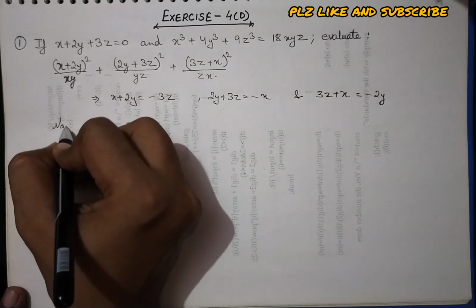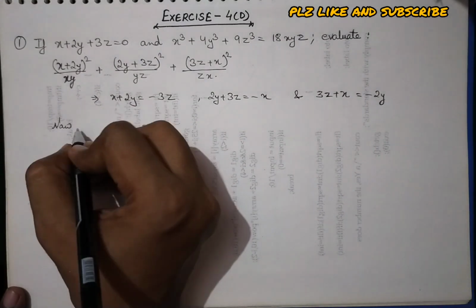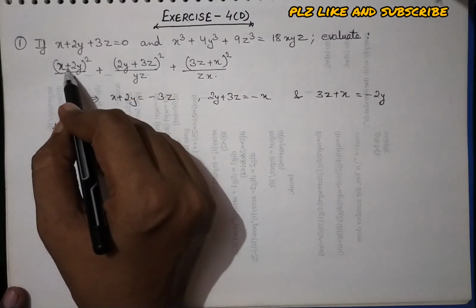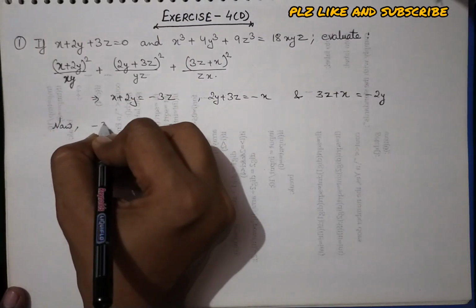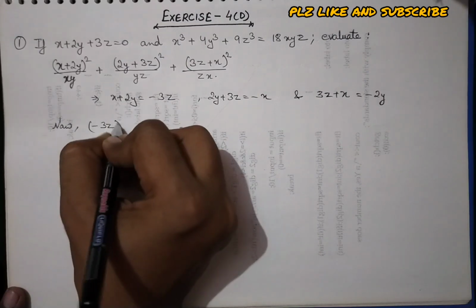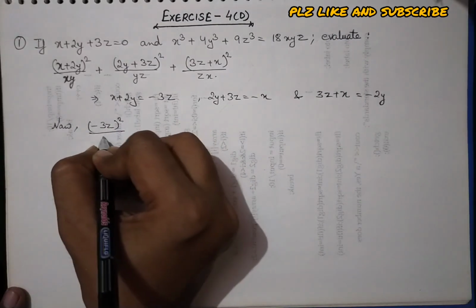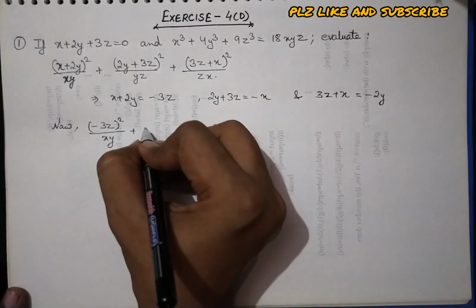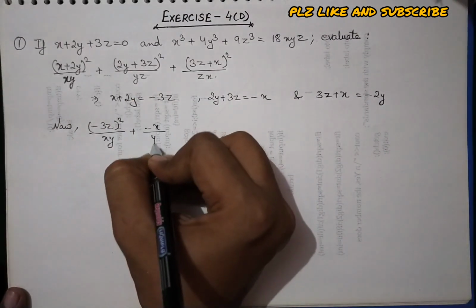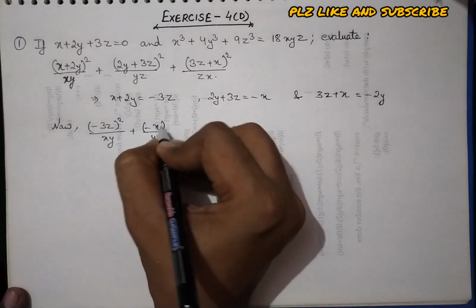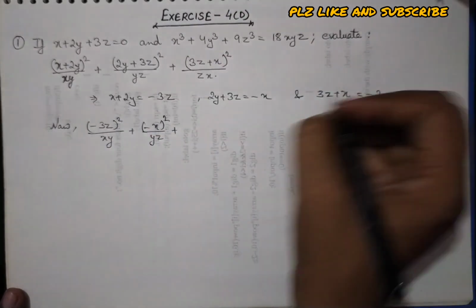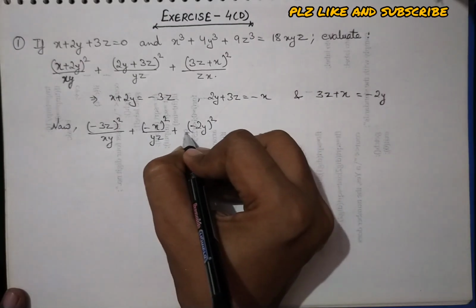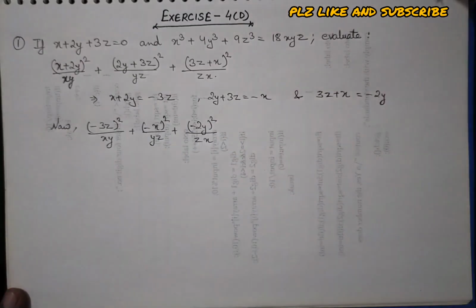Now on placing the values, this will become (minus 3z) whole square upon xy, plus (minus x) upon yz whole square, plus (minus 2y) whole square upon zx.